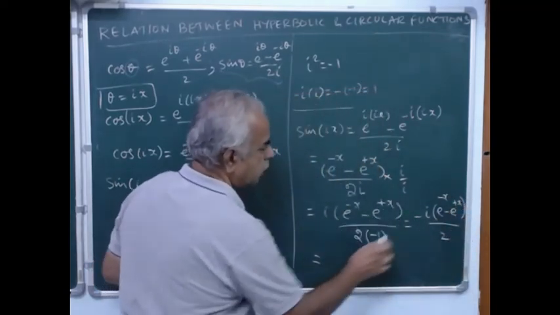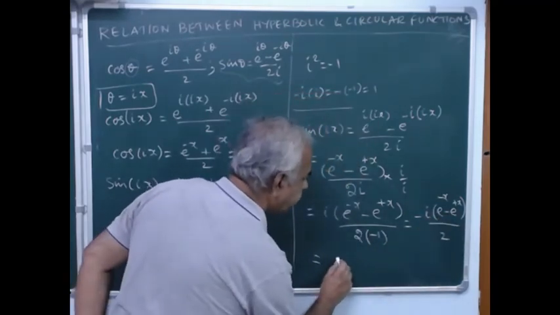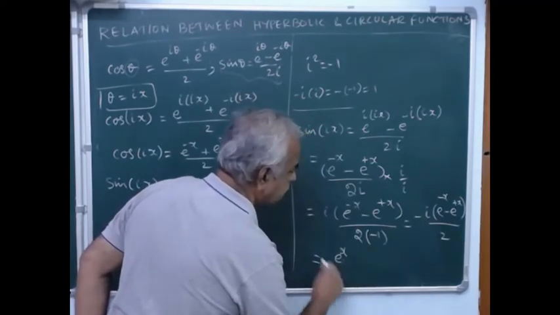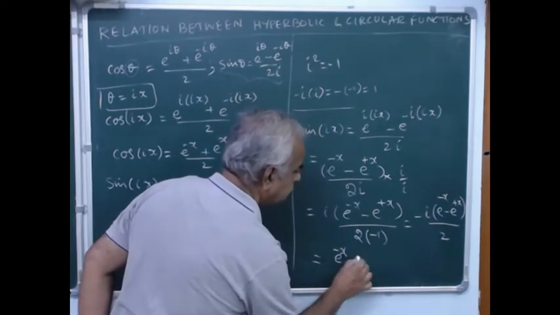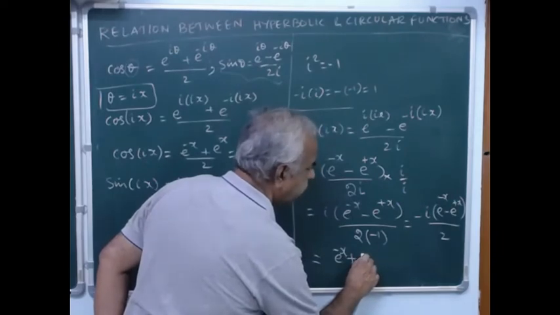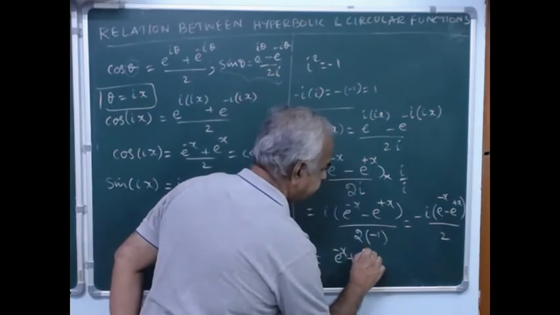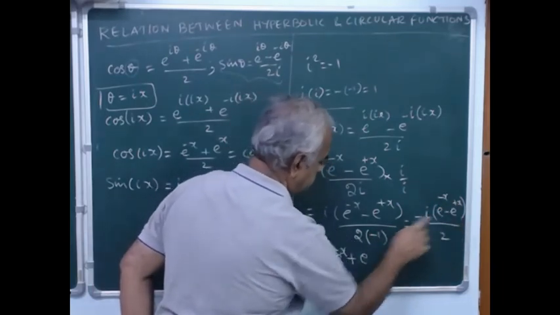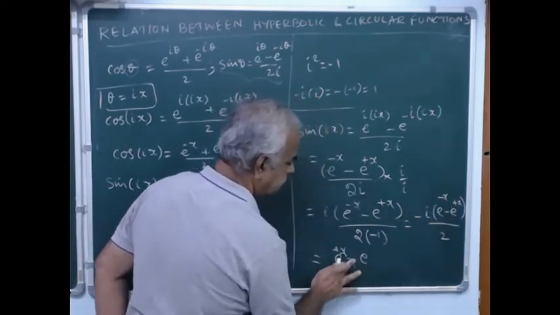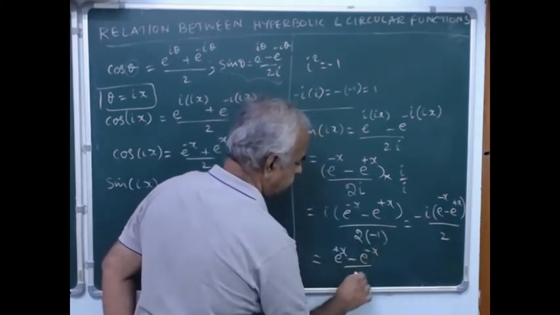So now we can change the sign, or you can bring this minus inside, so that you get e power x minus e power minus x, whole divided by 2.